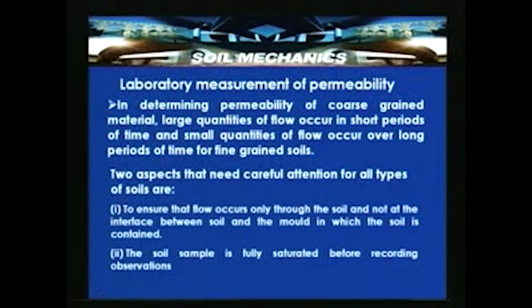Before looking into the laboratory measurement of permeability, two important aspects have to be understood and ensured. In determining the permeability of coarse grained material, large quantities of flow occur in short periods of time because of the large pore spaces.